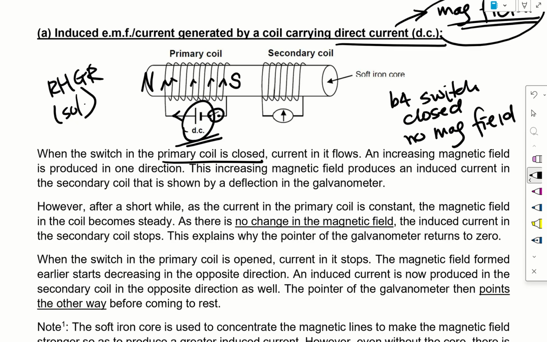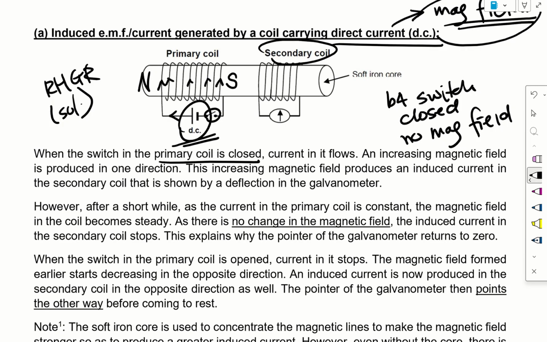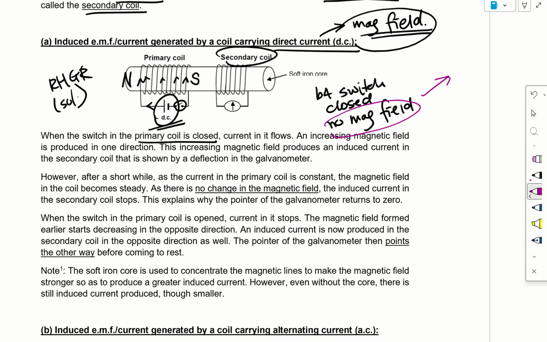So the secondary coil, which is placed over here, will not experience the south pole. But once the switch is closed, it will experience a change in magnetic field, from no magnetic field to now experiencing a magnetic field. From no south pole to having a south pole experienced, according to Lenz's law, there will be a south pole here.